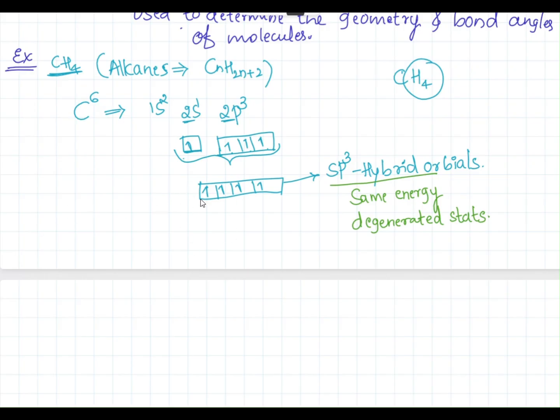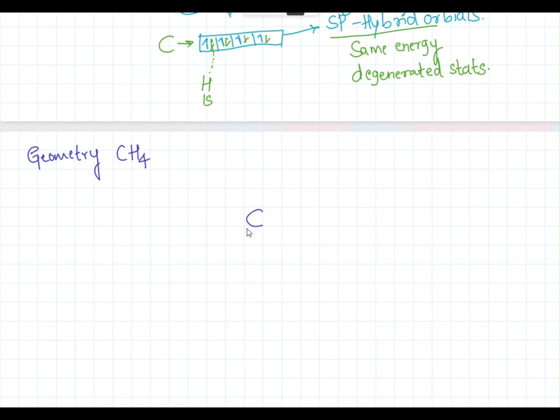Now all the sp3 hybridized orbitals of the carbon atom will overlap with the 1s orbital of hydrogen. The 1s orbital of hydrogen will give one electron to form sigma bonds, right? Let us discuss the geometry of CH4. Carbon is sp3 hybridized and has 4 sp3 hybridized orbitals, and these degenerate orbitals will occupy space to attain higher stability, and each orbital will repel each other as they possess unpaired electrons.